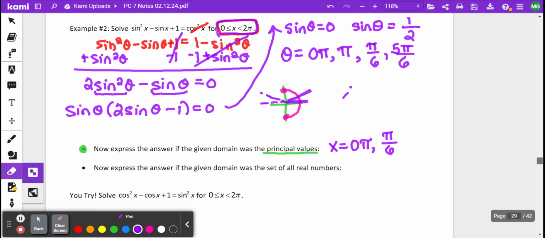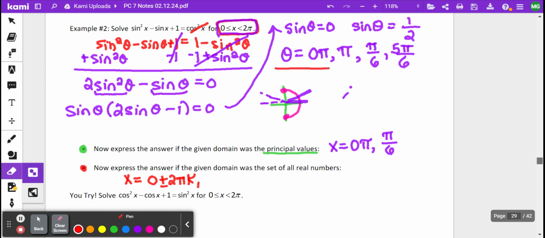Okay? And the last one, it says, now express if the domain was the set of all real numbers. Well, again, we are in terms of pi. So we're going to give our answers in radians. So we will say x equals 0 plus 2 pi k.